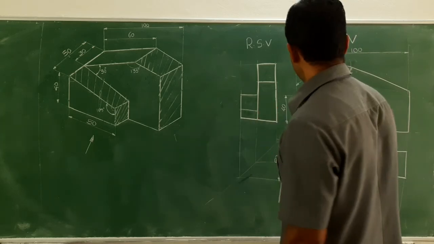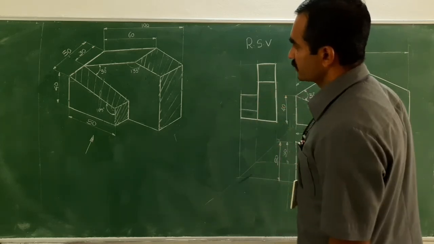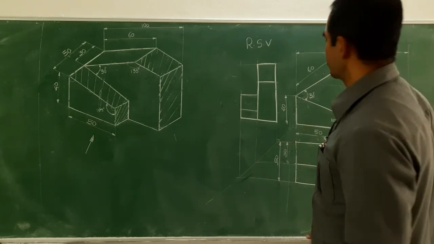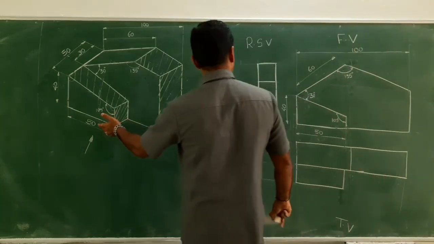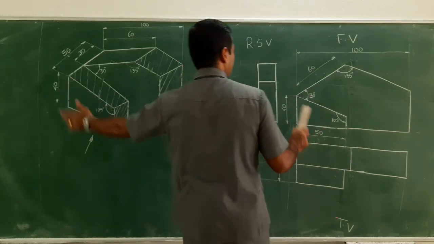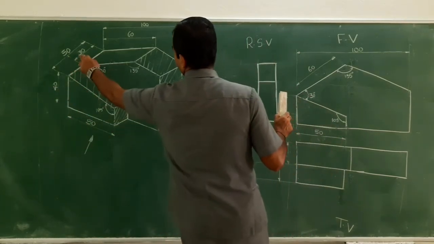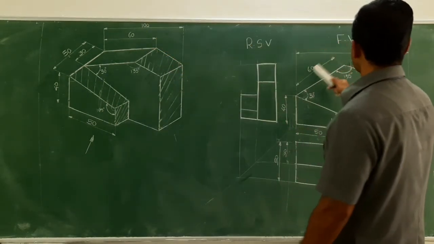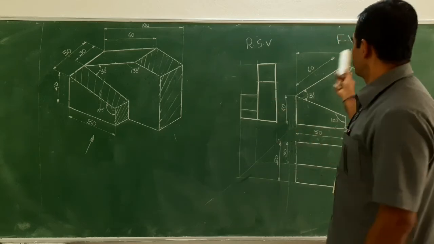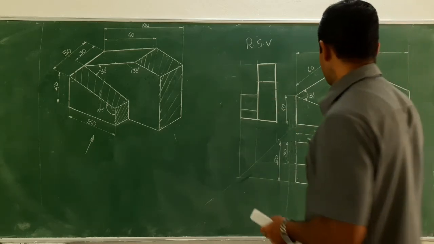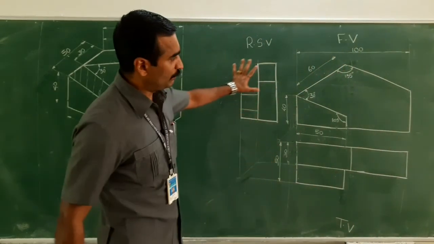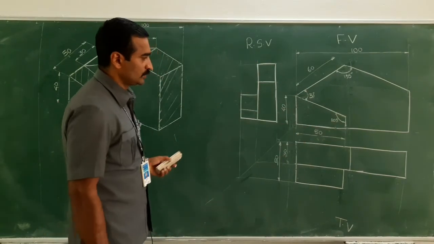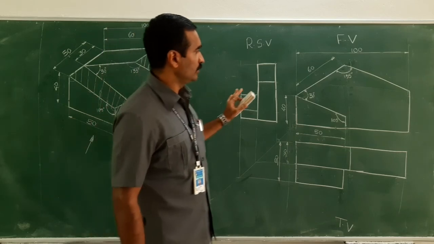So as far as this view is concerned, there is nothing to capture as far as the dimensioning is concerned, because I have captured 50 in the front view, 40 in the front view, then the 50 and 30 I captured here, then 60 and 100 also I have captured in the front view itself.